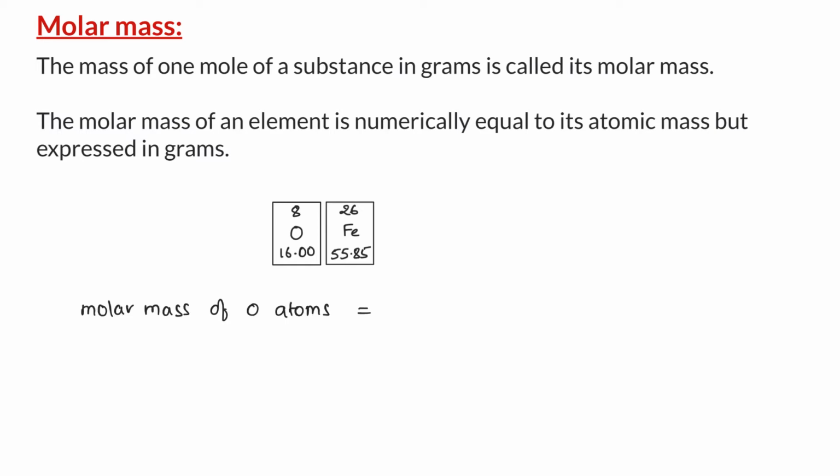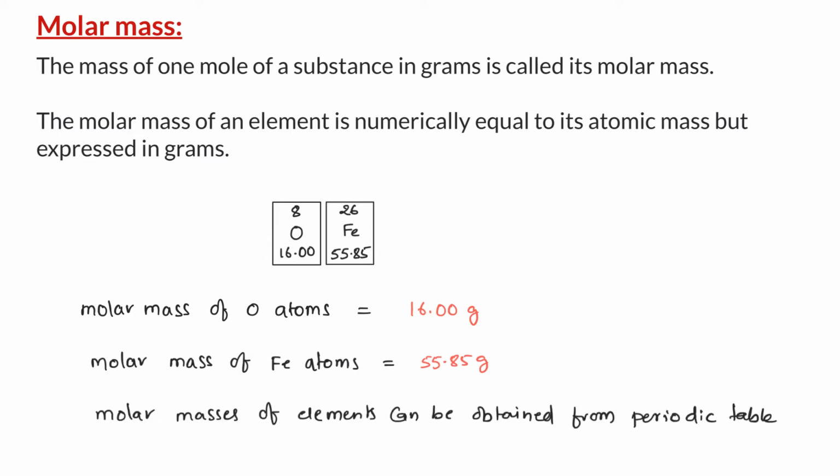The molar mass of oxygen atoms, that is, if we take 1 mole of oxygen atoms and weigh them, would be equal to 16.00 grams. The numerical value is the same as atomic mass, but the units are grams. 1 mole of iron atoms would weigh 55.85 grams. Molar masses of all the elements can be obtained from the periodic table.